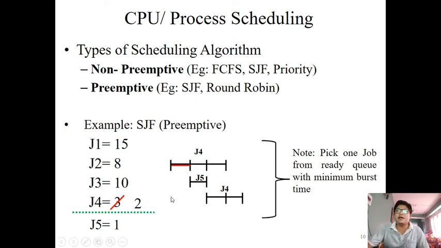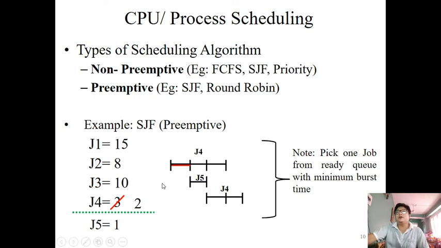Similarly, after completing J5, which requires only 1 unit of CPU time, we have the remaining jobs J4, J3, J2 and J1, with 2, 10, 8 and 15 respectively. Out of this, again J4 will get a chance, and this is how it will work.